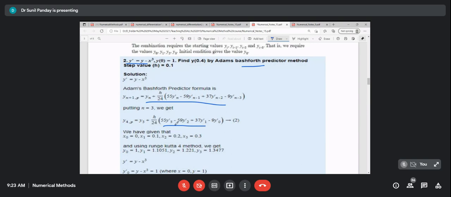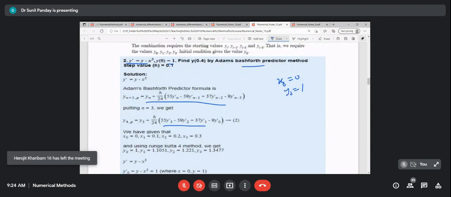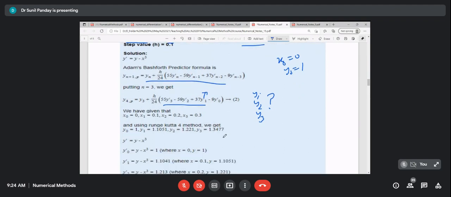So you require all these values y3, y2, y1, as they are not given in the question. In the question only x naught equals 0 and y naught equals 1 are given. So evaluation of y1 dash requires y1, y2 or y3. If you are going to calculate y2 dash and y3 dash, these three values you have to calculate by using a previously known method of order less than this Adams-Bashforth predictor corrector method.